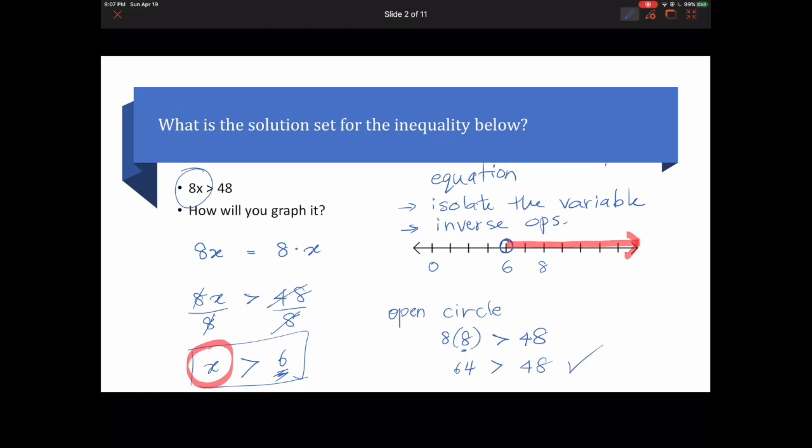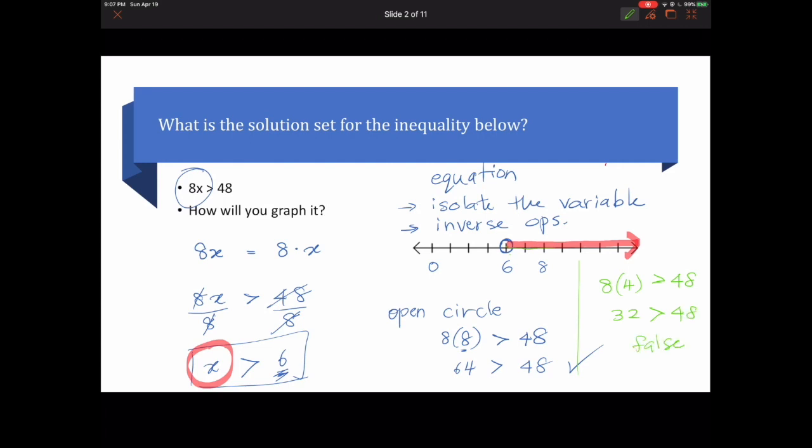If I take a number that is not in this solution set, let's say 4, and I substitute it, 8 times 4 is greater than 48. 8 times 4 is 32, 32 is greater than 48, and this statement is false.